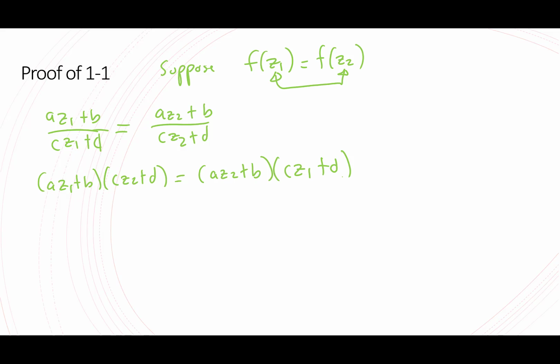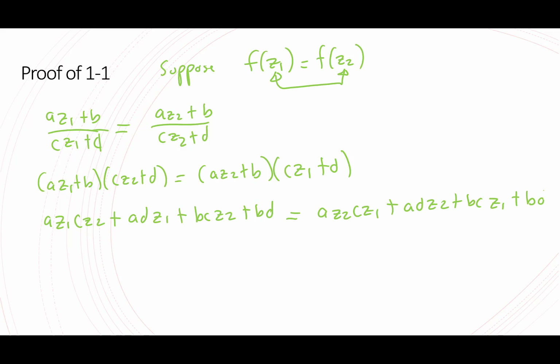If we FOIL both of these out, we're going to get a c z1 z2 plus a d z1 plus b c z2 plus b d is equal to a c z2 z1 plus a d z2 plus b c z1 plus b d.